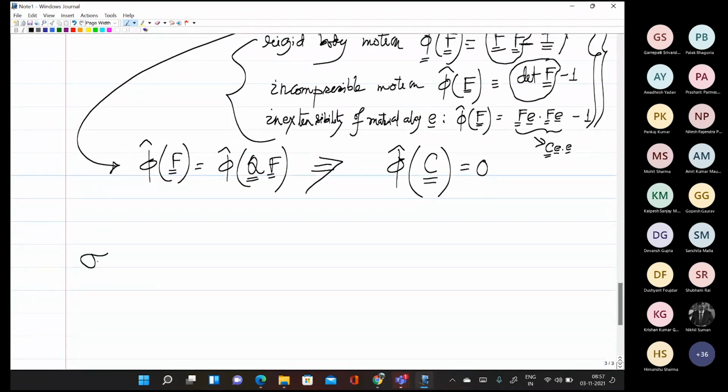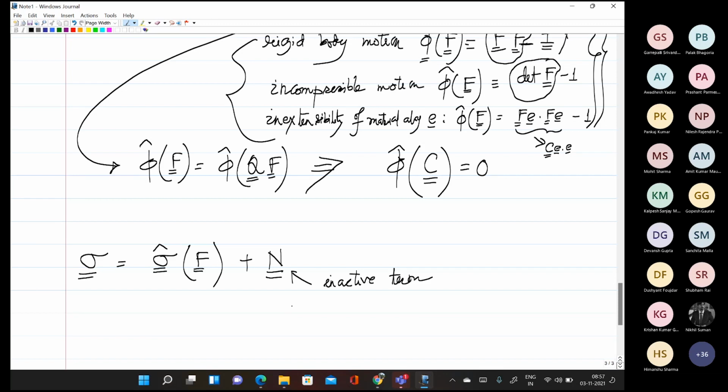So for sigma, you will have one term coming as a constitutive function, which would depend on, let us say, F. But then you have an extra term, which is called the inactive term, right? It's the inactive term. And we want to figure out how that will look.